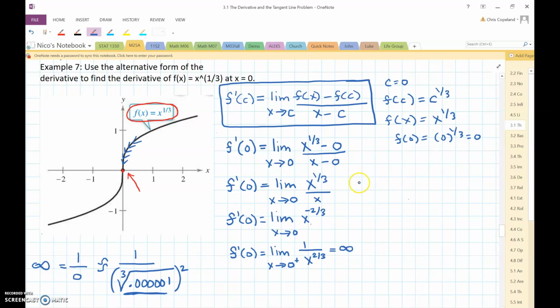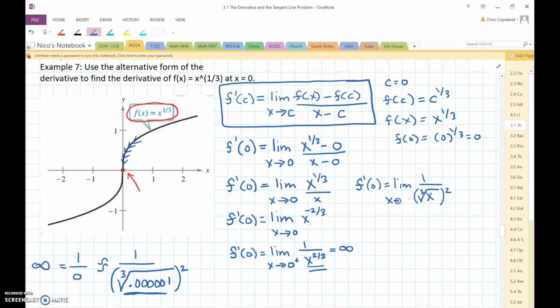Let's look at f prime of 0 equals the limit of 1 over x to the 2/3 power, or you can write it this way, the cube root of x, and then square that. That's the same thing as this.